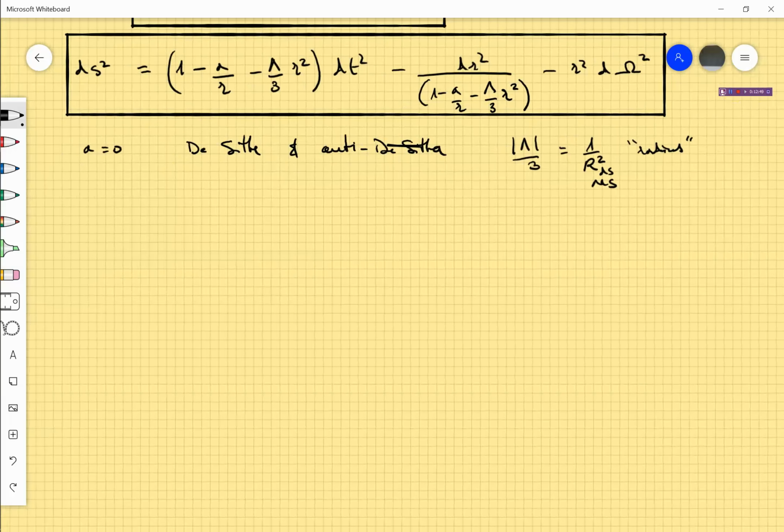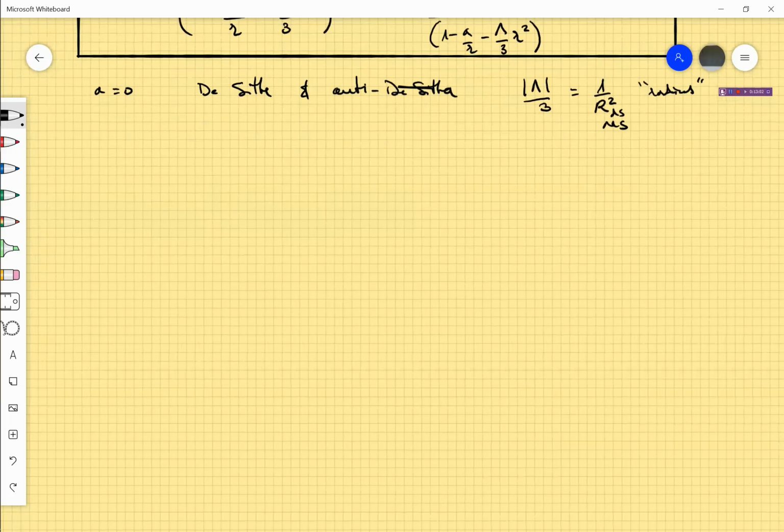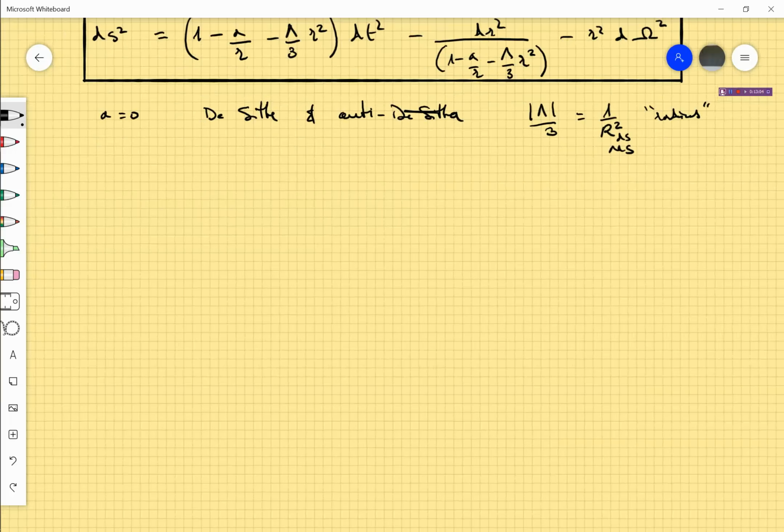Okay, so there is this relation between the cosmological constant and the r squared that appeared in the formula that defined the hyperboloid. As I said, sometimes this r is written as L because it is another length scale.